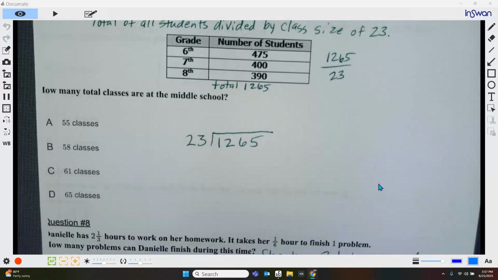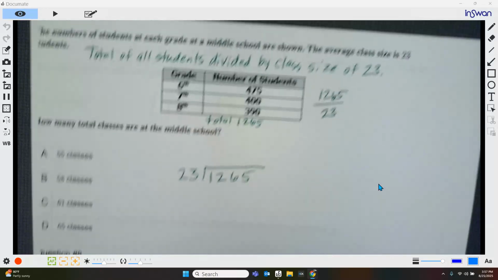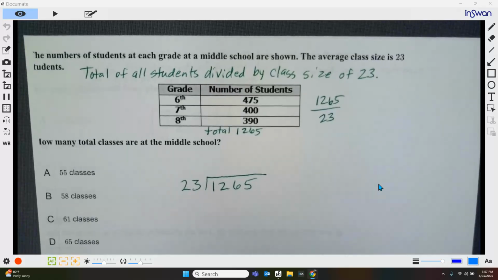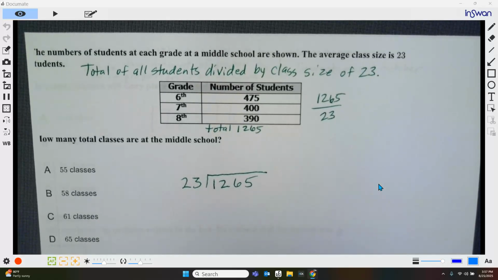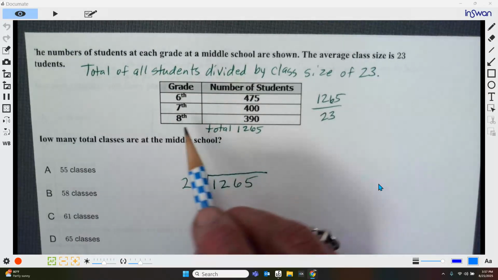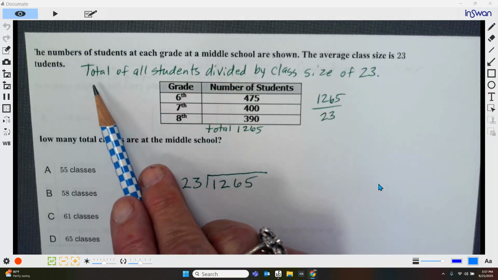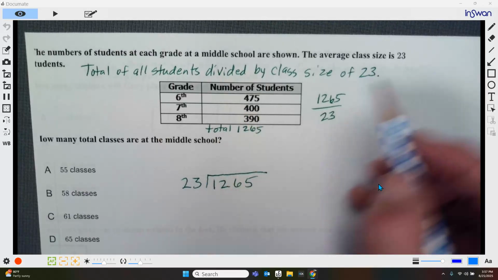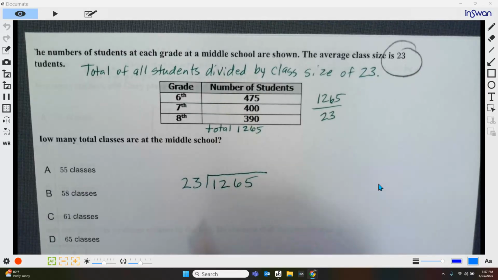Okay. Next question. This is number 7. So the number of students at each grade at a middle school are shown. The average class size is 23 students. How many total classes are there at the middle school? So I'm going to get the total of all the students, and I'm going to divide it by the class size of 23.